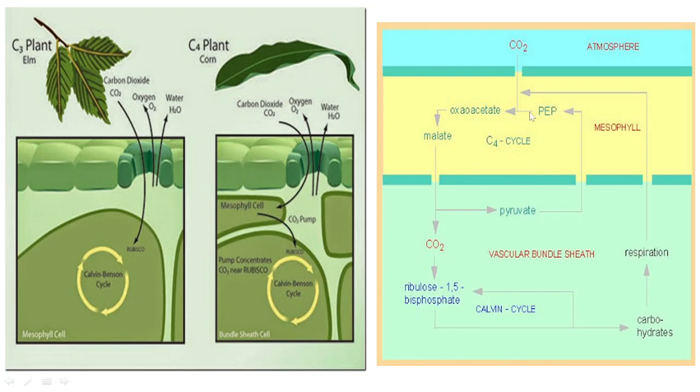In C4, carbon dioxide from the atmosphere enters this yellow area, the mesophyll cell. Carbon dioxide enters and is accepted by phosphoenol pyruvate, PEP, which is already present in the mesophyll cell of only C4, only corn-like plants; you will not find it in other plants of the C3 category.